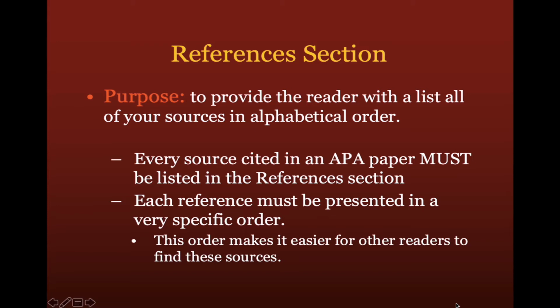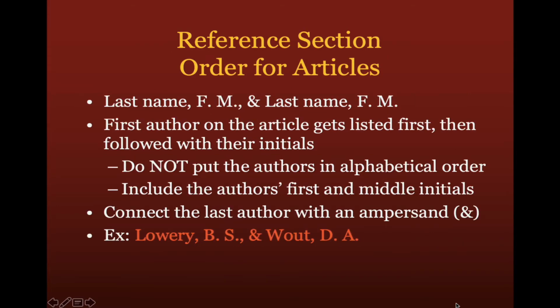And each reference must be presented in a very specific order. The order in which you present these references will make it easier for the reader to find certain pieces of information. So let's talk about each of these pieces of information in the order in which it needs to be presented. I'm going to give you a running example as I go through this.